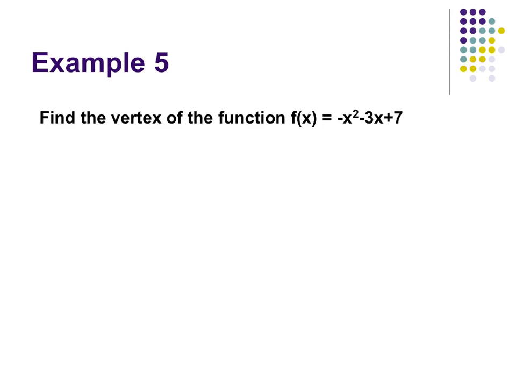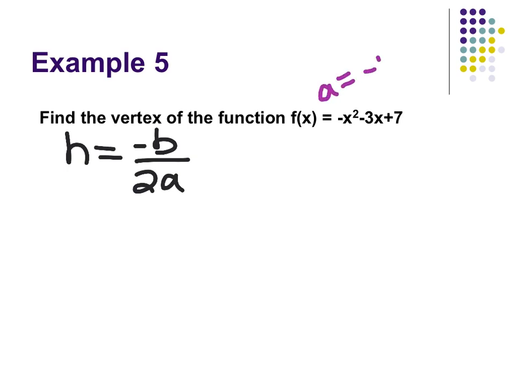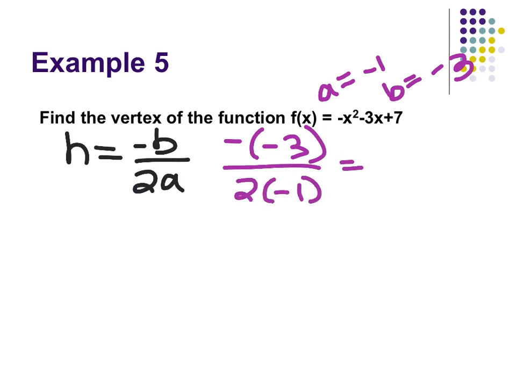All right, so we're just going to find the vertex. So my h is negative b over 2a. From this equation, what's my a? Negative 1. What's my b? Negative 3. So this is negative 3 over 2 times negative 1, which is positive 3 over negative 2.